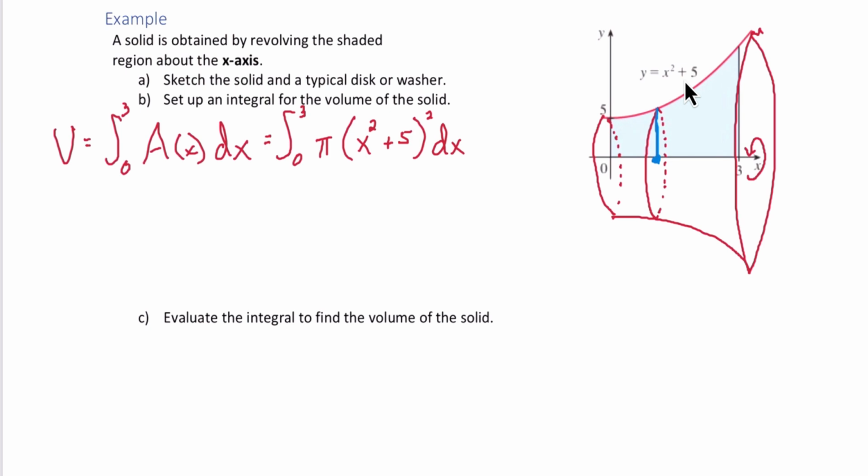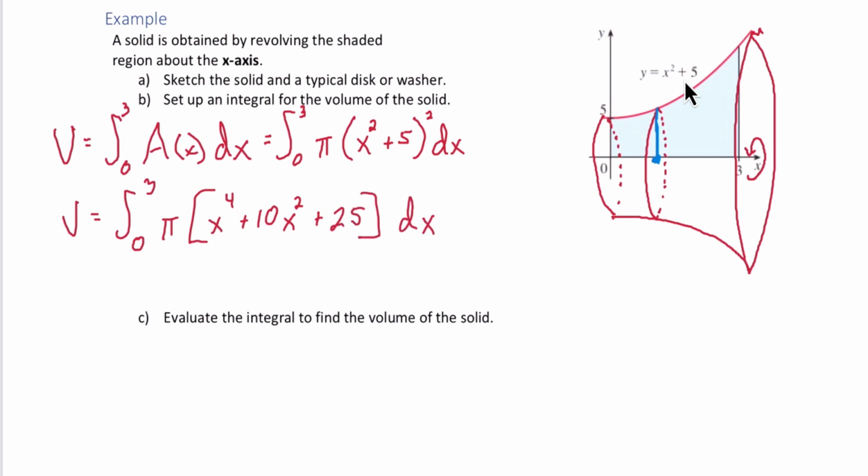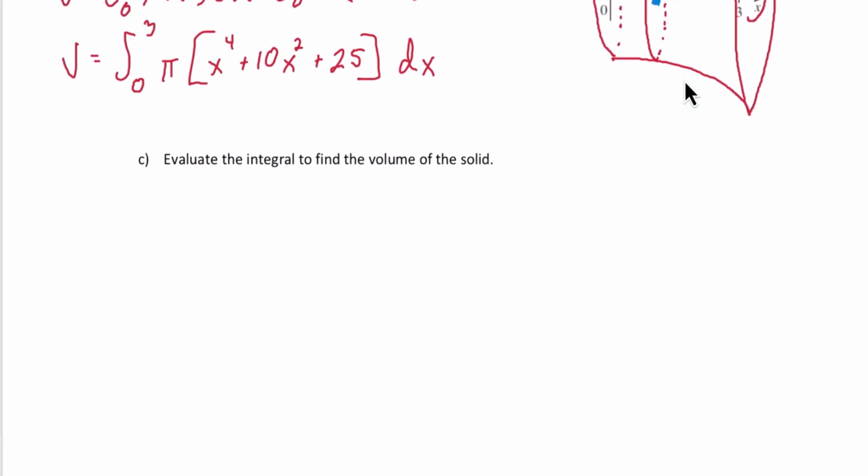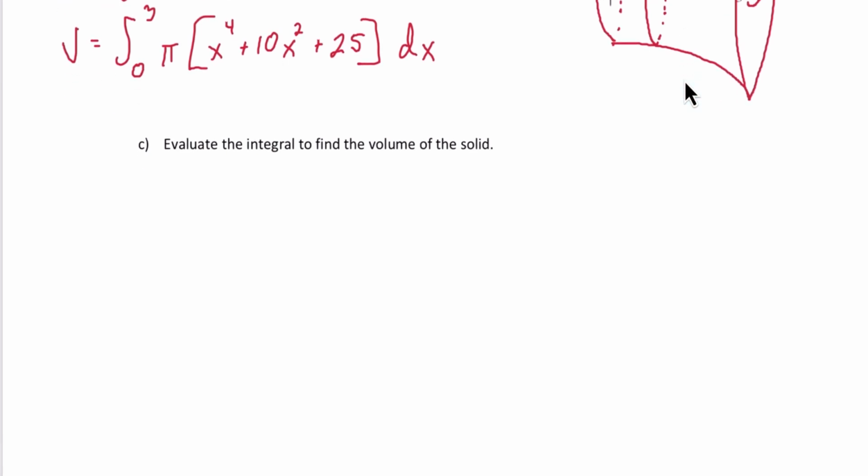If we simplify this, we get V equals the integral from 0 to 3 of pi times x to the 4th plus 10x squared plus 25 dx. Now we want to evaluate this integral to find the volume of the solid.